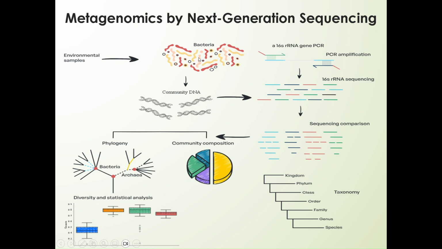First, we collect, extract and purify DNA from a sample, and then the 16S ribosomal RNA gene is amplified from all of the DNA, and this 16S is then sequenced using next generation DNA sequencing machines.